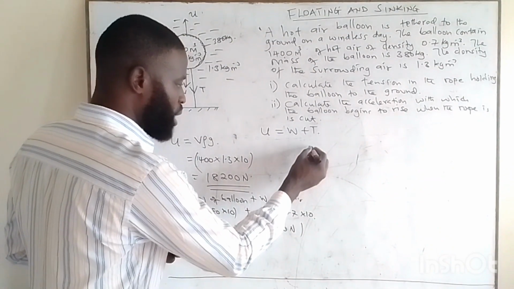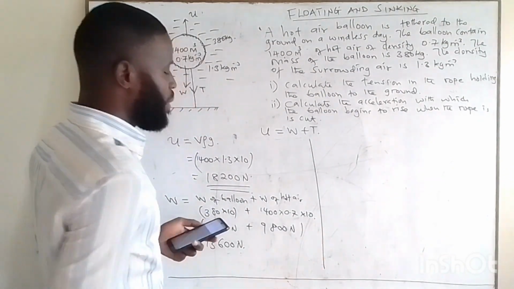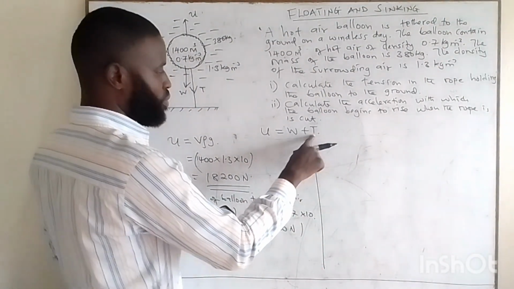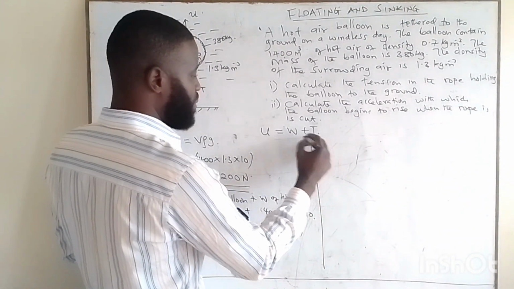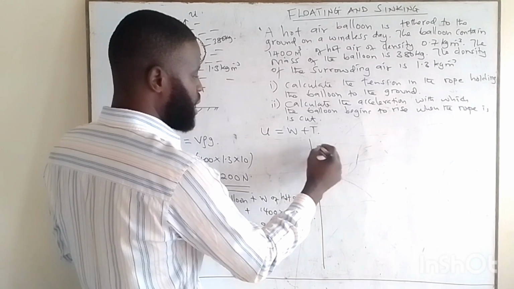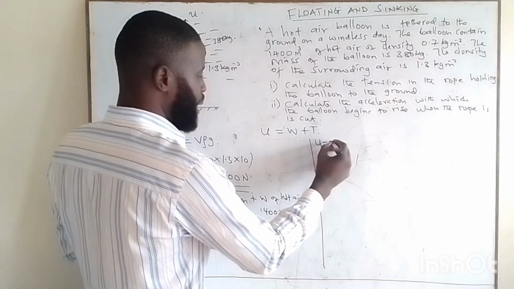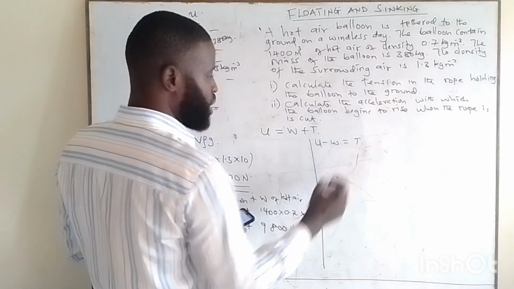Now we go to this equation and substitute to get the value of the tension force. Mathematically, this one crosses over to the other side, so that upthrust minus weight gives us the tension.